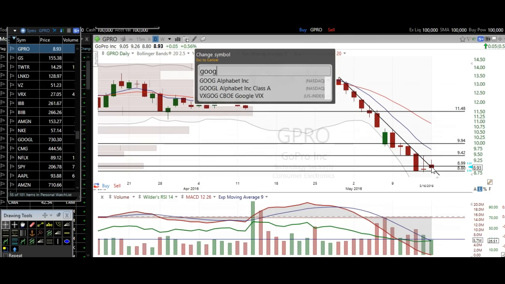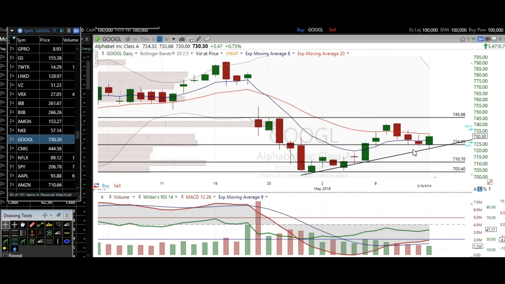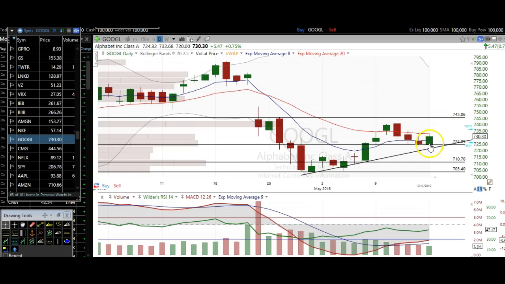Next, I want to cover Google. Google, we've got this uptrend line support, which it bounced off of right here. Another thing I want to point out is we've got 1, 2, 3 days where this 724 support held. We had the low of this day and the open of today, and we bounced from that level with a bullish engulfing candle right here.